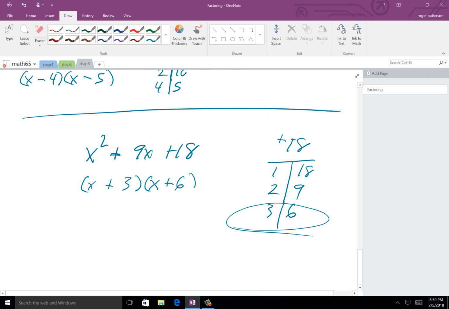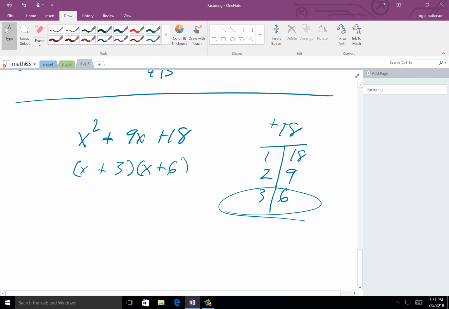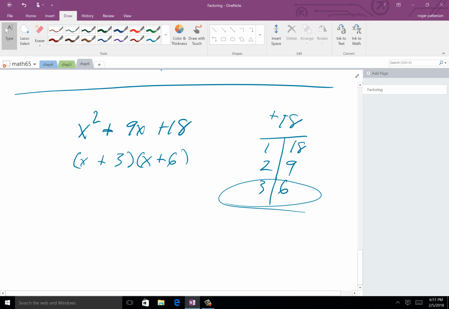I put the little plus up there. I wrote down my factors. And some of you are going to be able to do that in your head. Going from here to here, if you can do that in your head, by the time you're done with this course and you're taking 95, it's going to help you a bunch. Because in 95, you're factoring these things on the fly.